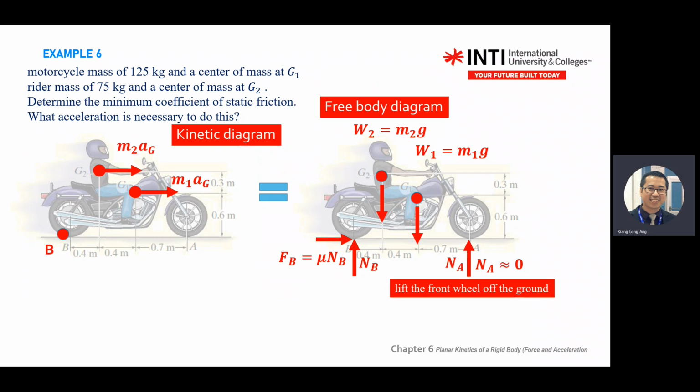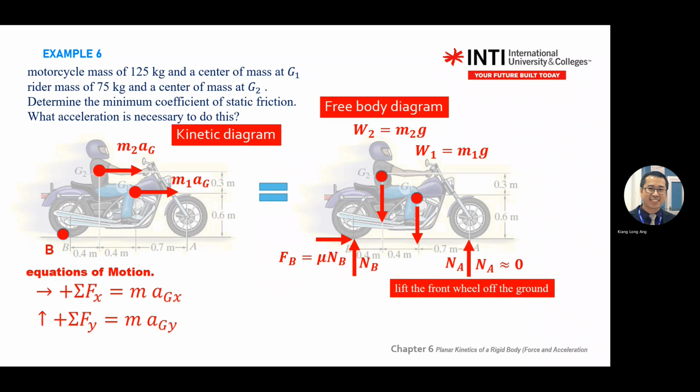Then focus on point B rather than point A, because point A will later lift off, so there's no point referring to a moving or changing point. Put it on point B, and then you should be able to find the equations of motion. On the left is all the force you're referring to from the free body diagram. On the right, you refer to the kinetic diagram.